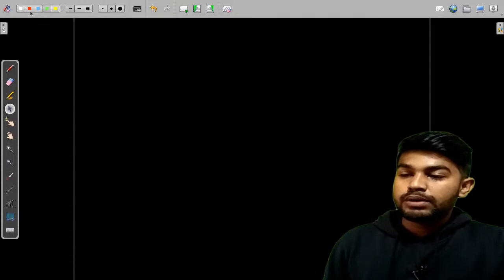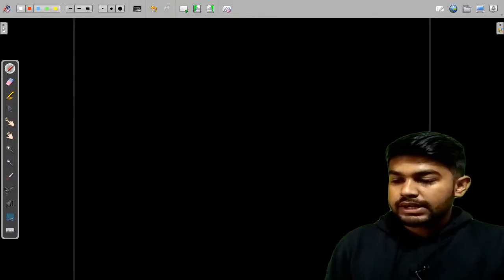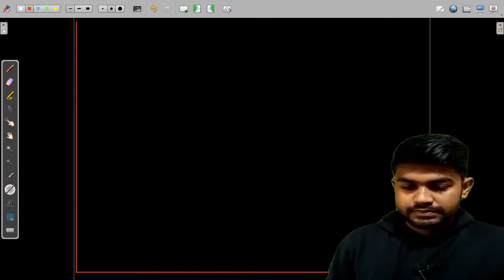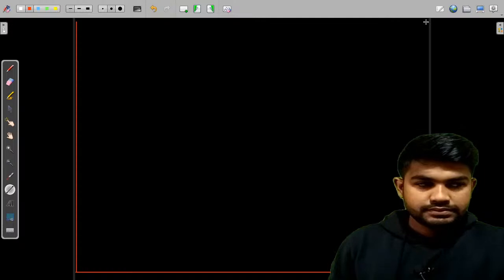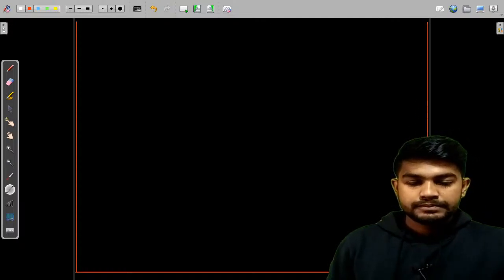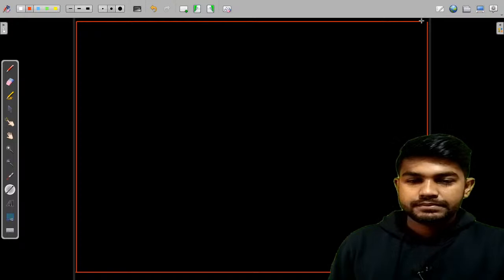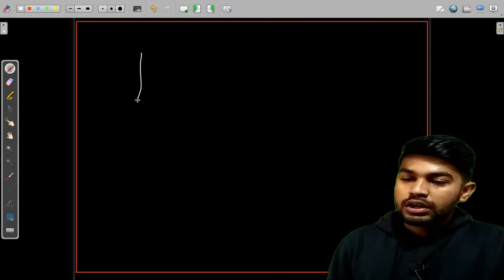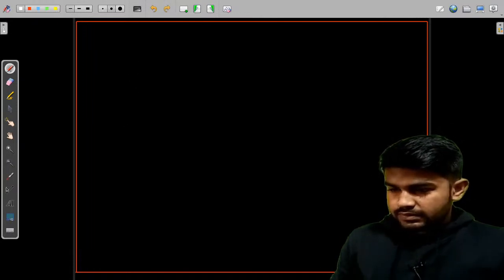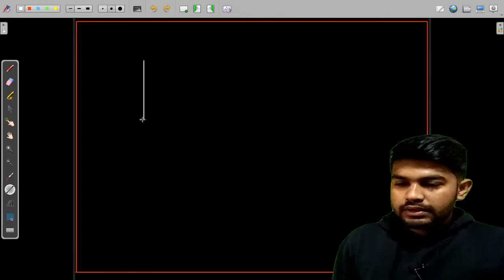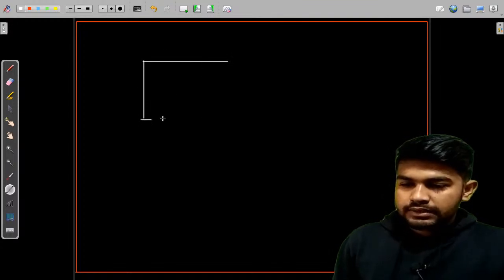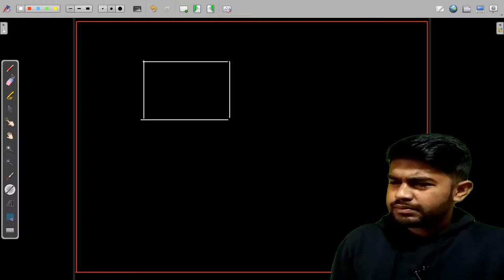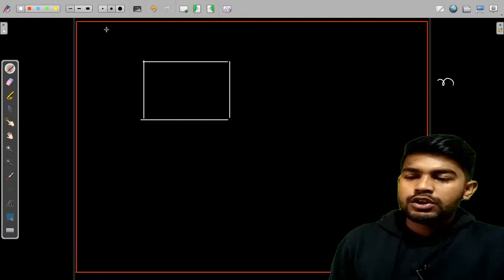Suppose this is the whole matrix, and I draw a rectangle of k cross k, and this is n cross n itself.